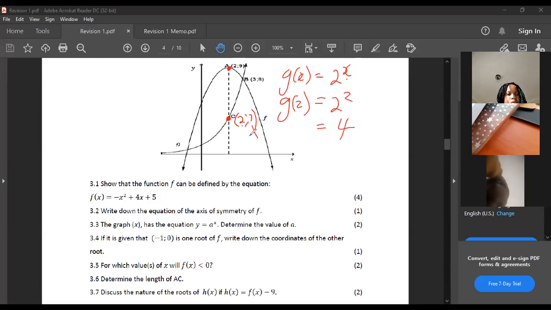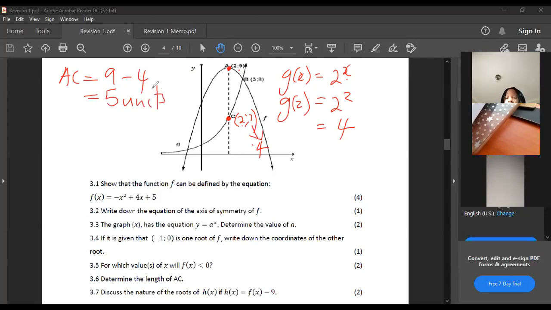So the y coordinate here is 4. That means AC is 9 minus 4, so AC is equal to 5 units. Because this is a vertical line, I simply take the difference of the y coordinates, between 9 and 4, which is 5. That's AC, 5.